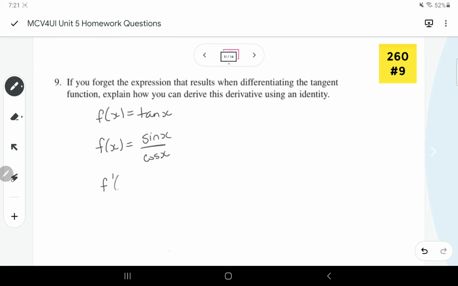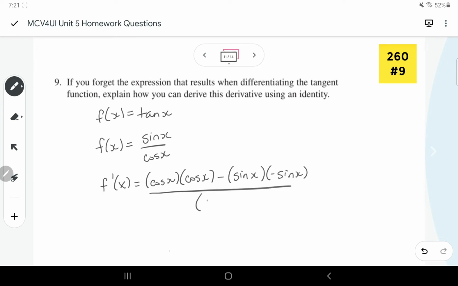So f prime of x, that's the bottom, so cos x times the derivative of the top, which is also cos x, minus the numerator, the top, so sine x times the derivative of the bottom, which is negative sine x, all over the denominator squared.